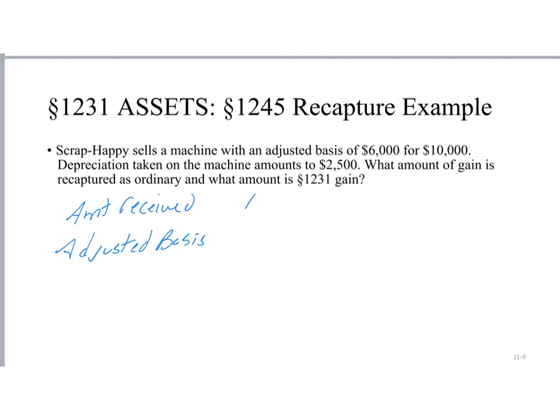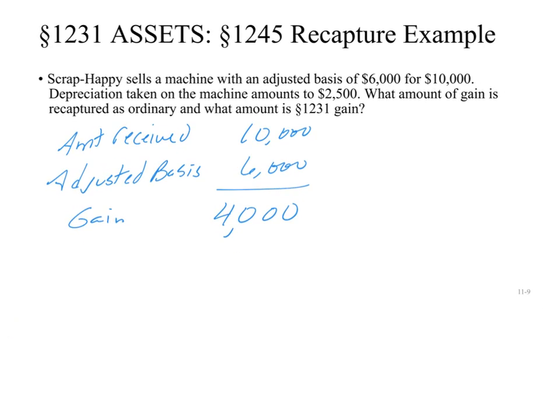So we received $10,000. Our adjusted basis was $6,000. So we've got gain of $4,000. All right. Is this gain larger than our amount of depreciation taken? And the answer is yes.